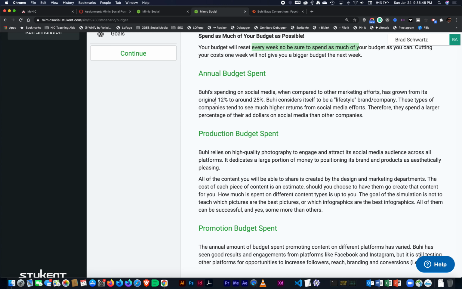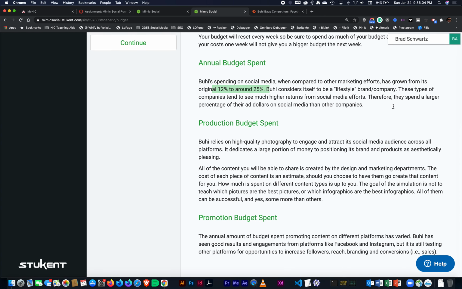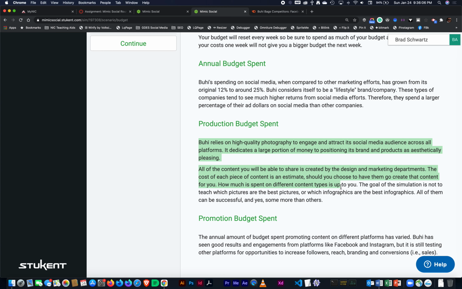So they've increased their budget spend from 12% to 25%, and they tend to see themselves as a lifestyle brand, so they see a higher return from social media than most other platforms. They rely on high quality photography, which is where some of your production cost is going to go.